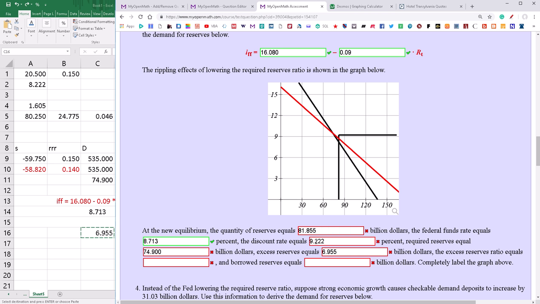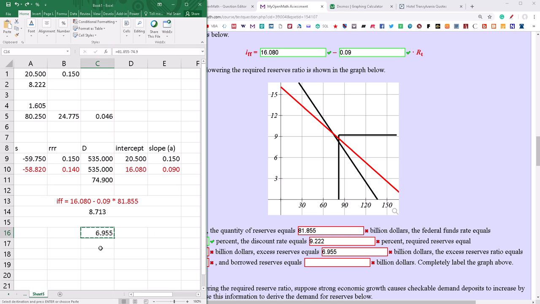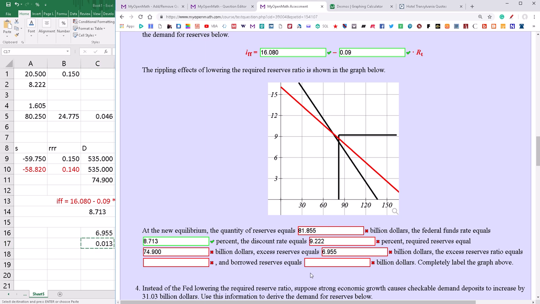The excess reserves ratio is the quantity of excess reserves divided by demand deposits, and demand deposits are 535. So the new excess reserves ratio is that. Borrowed reserves are still 0 because the new demand curve crosses the vertical section of the supply curve. So the Fed hasn't made any new discount loans, and we'll hit 0 there.